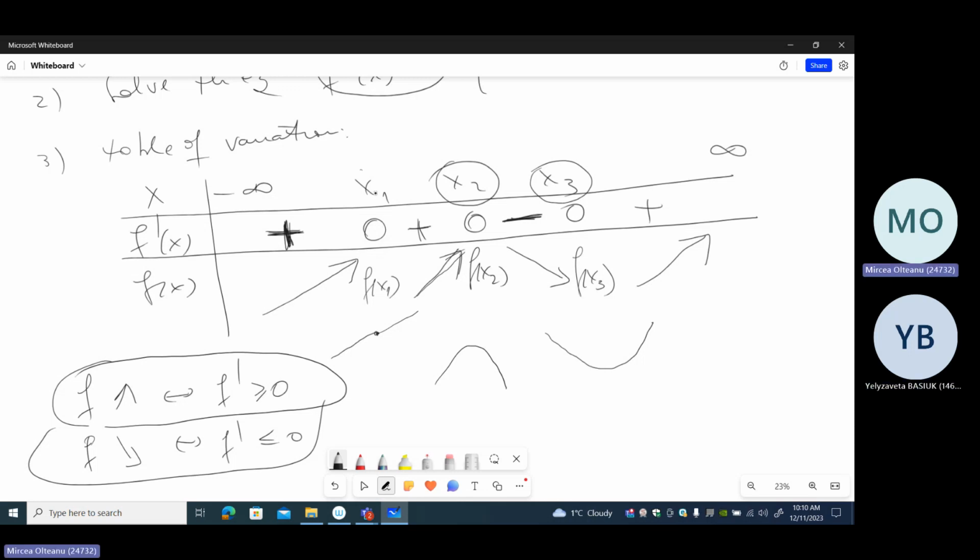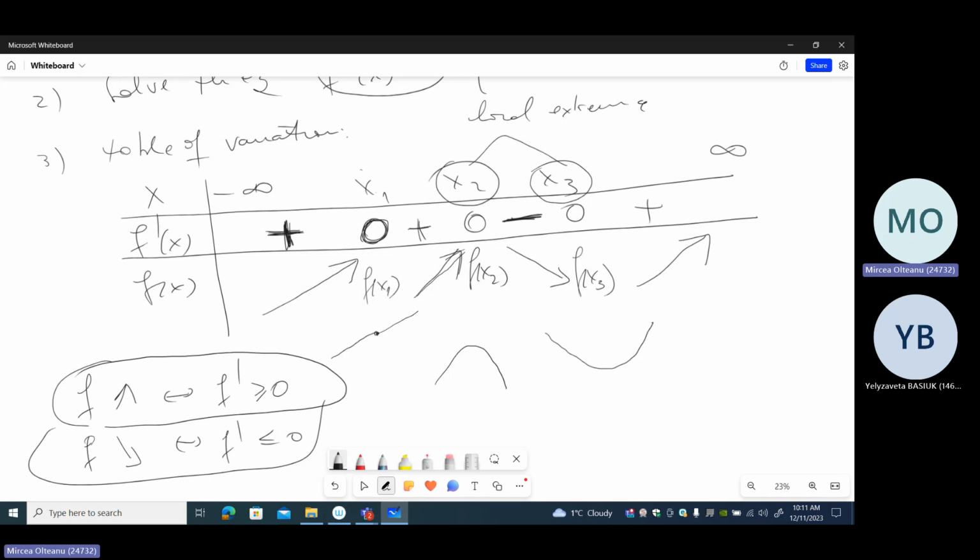No. So on this hypothetical table of variation, we have two local extrema: x2, which is a local maximum, and x3, which is a local minimum. x1 is a critical point because the derivative vanishes at x1, and we remember that the points where the derivative vanishes are called critical points. They are important, but it is not a local extremum, not a local minimum, not a local maximum.